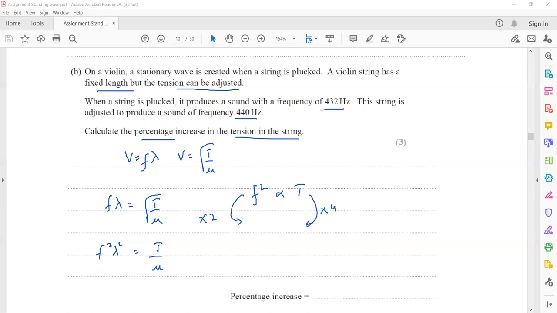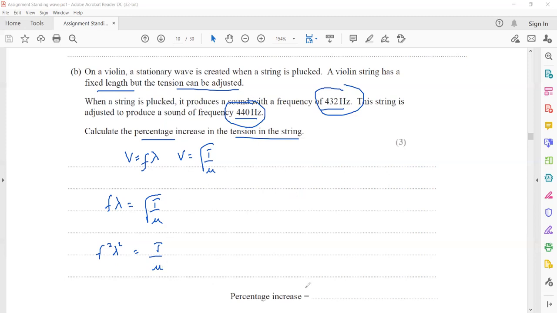So when we want to work out the percentage increase, there are two ways to do this question. You can find the tension for each frequency. The frequency is given, 432 and 440.